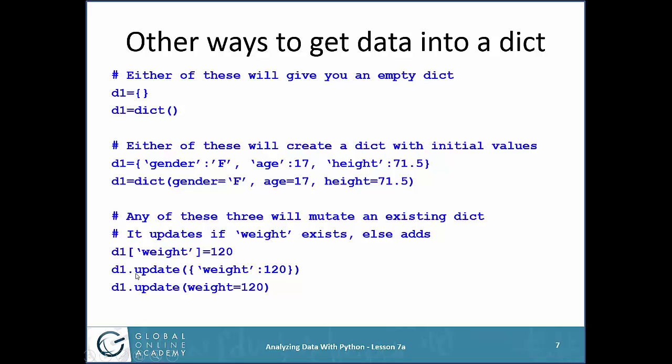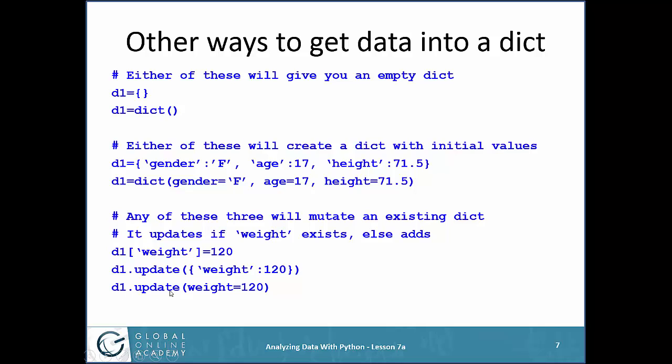I could also do d1.update and pass the update one parameter, which would be a dictionary with the key value pair weight 120. It will say, does D1 already have a key called weight? If it does, change the value to 120. If it doesn't, add a key value pair where the key is weight, the value is 120.